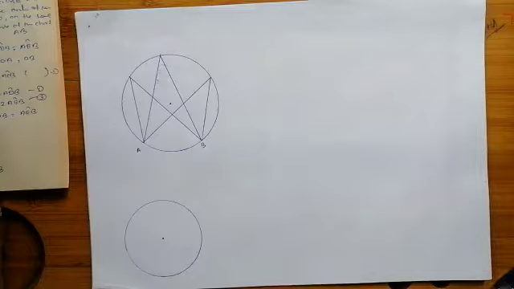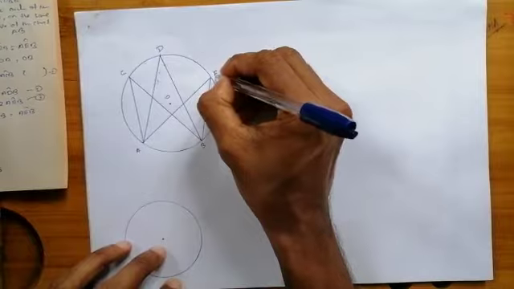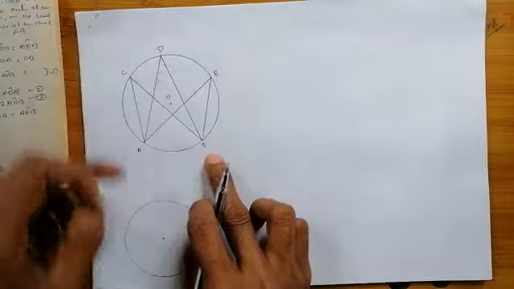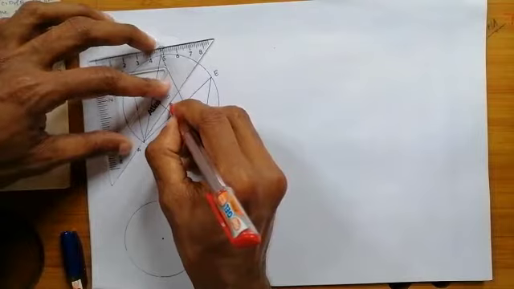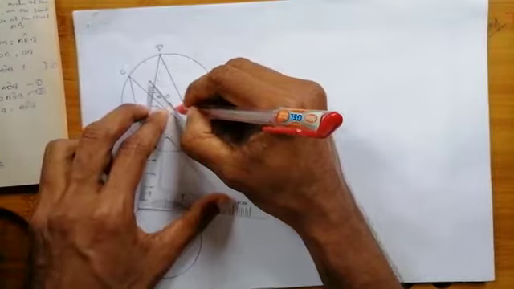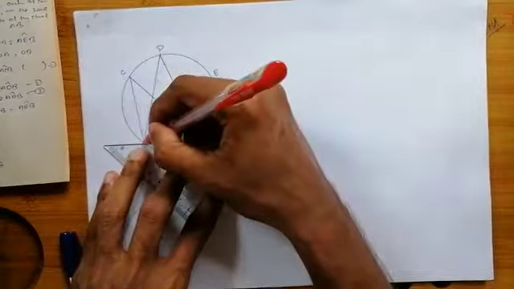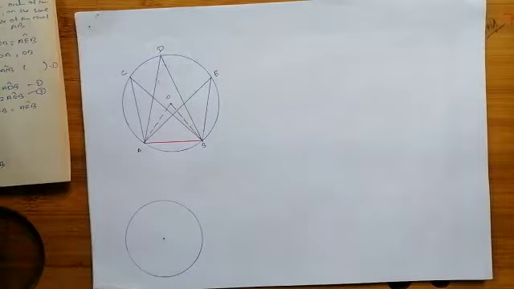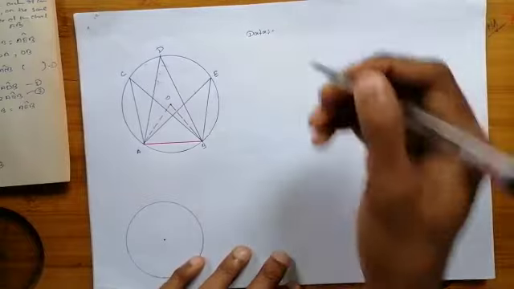Okay students, draw this figure. Minor arc AB creating an angle. The center is marked as O, and the chord AB is also connected. So first part, data. Write it.